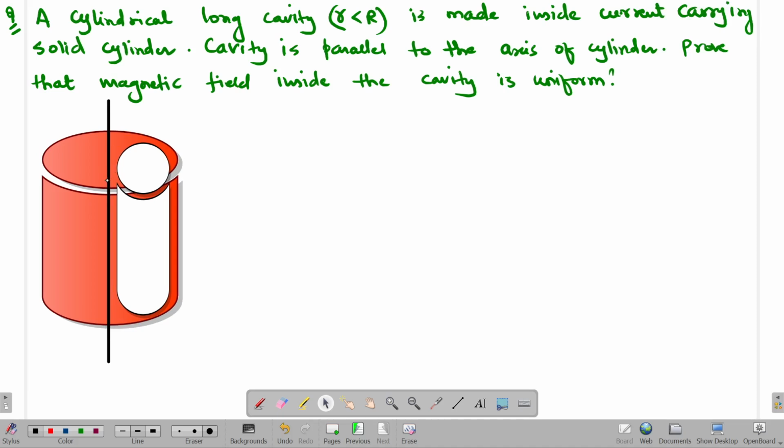So it's saying that in a cylindrical long cavity, r less than small r means the radius of the cavity is small r, isn't it?